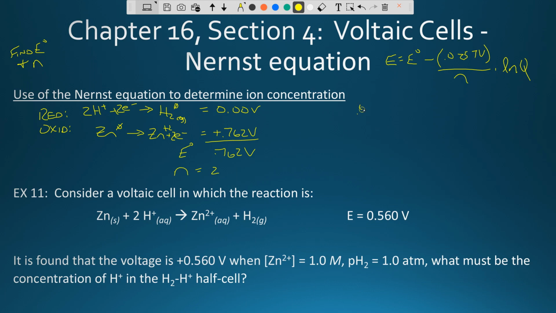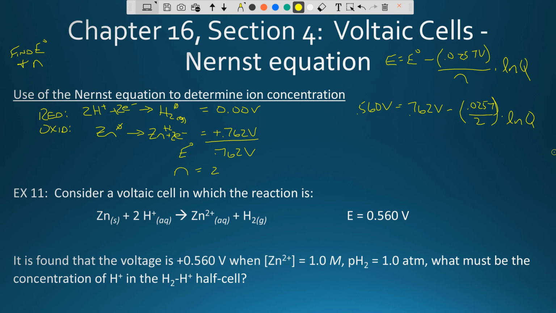So I have my 0.560 is my E value. My potential energy we found to be a 0.762 volts minus the 0.0257 over my electrons involved, and there were 2 electrons involved, times the natural log of Q.